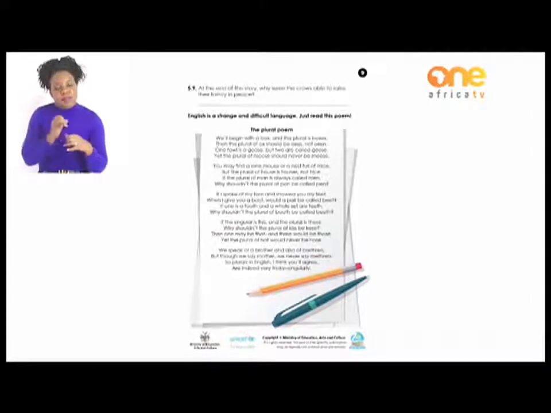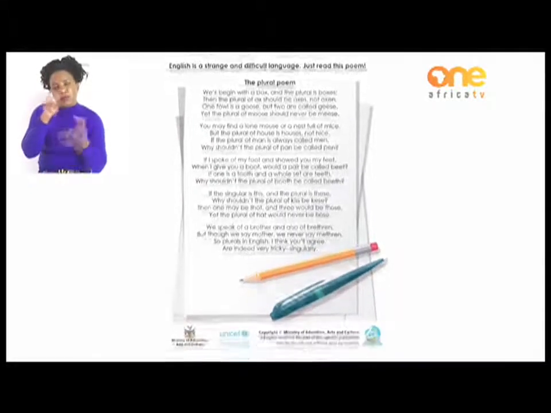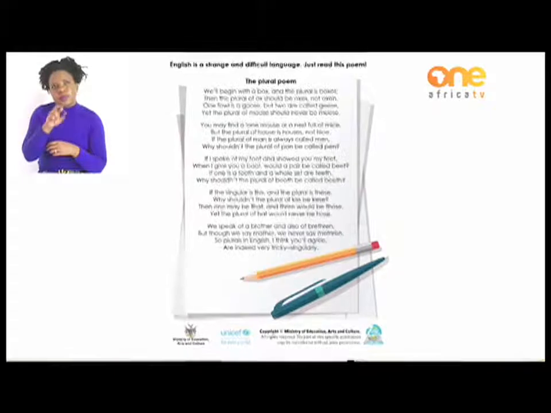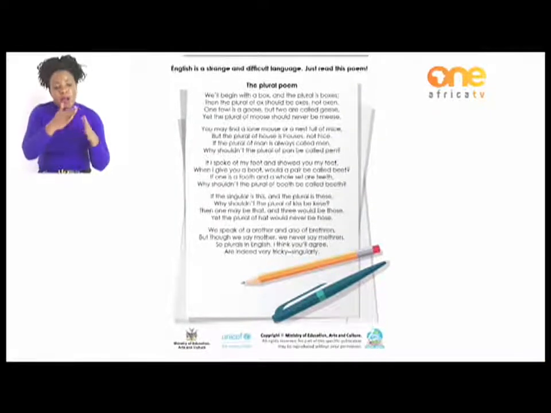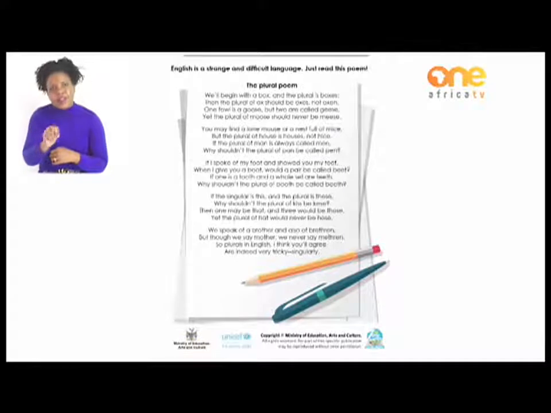The last part of our lesson is just a funny plural poem. We'll begin with a box, and the plural is boxes. Then the plural of ox should be oxes, not oxen. One fowl is a goose, but two are called geese.